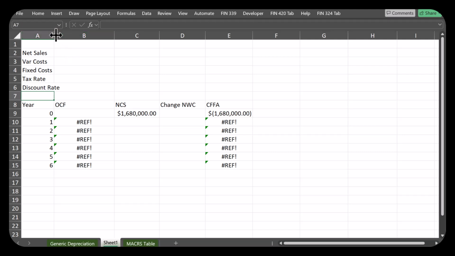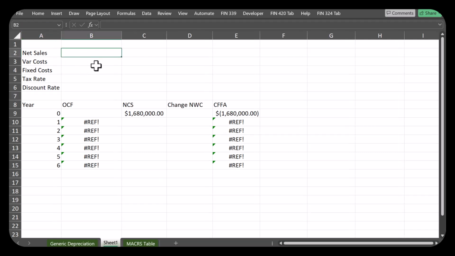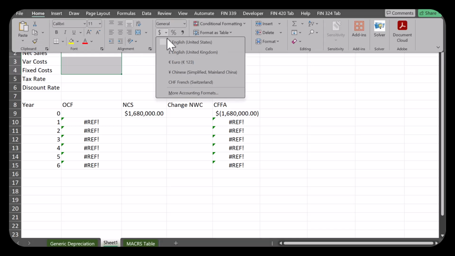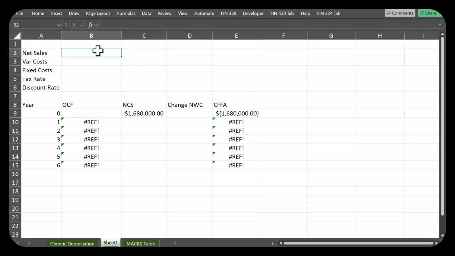We already calculated these. Net sales is 300. Variable costs are, just to make sure, 45.